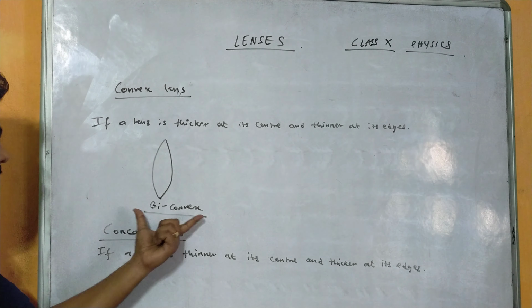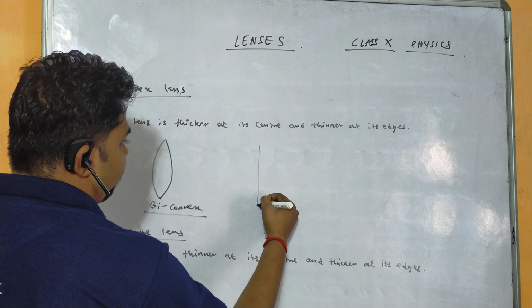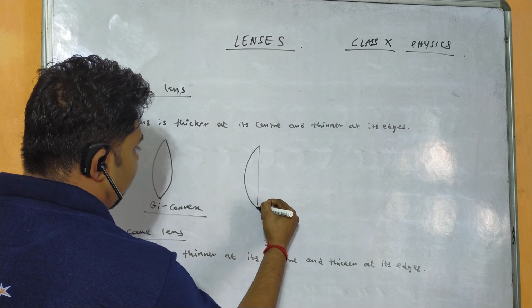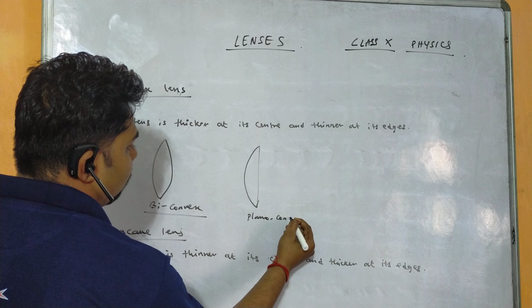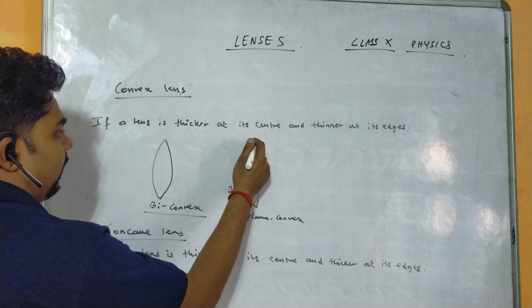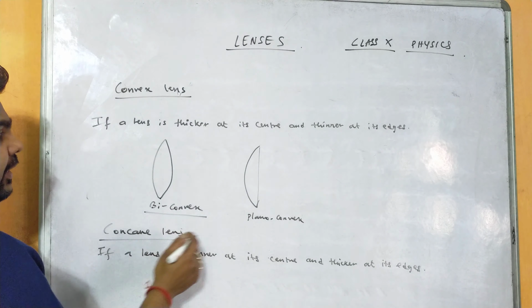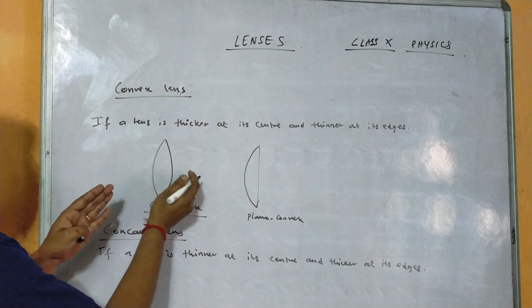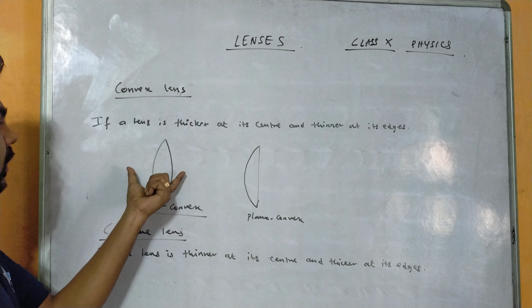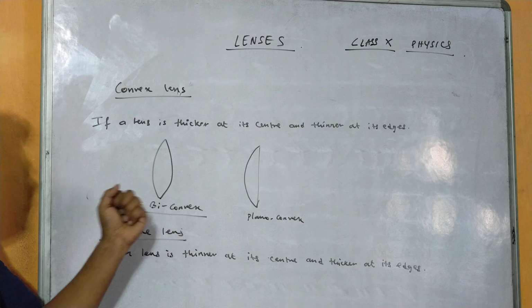So this is called biconvex. But if you draw just like this, then this is called planoconvex. That is bulging in one side and plane in one side. But in biconvex both the sides are bulging. Therefore the center is thick and edges are thin.